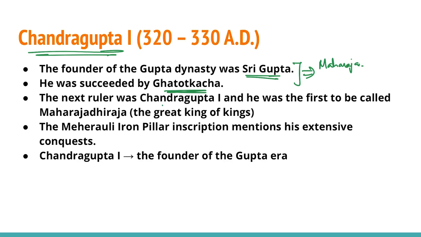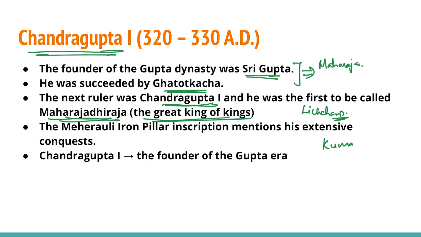The next ruler was Chandragupta I, and he was the first to be called Maharajadhiraja, which means the great king of kings. This title indicates his extensive conquests. He strengthened his position by a matrimonial alliance with the Licchavis.